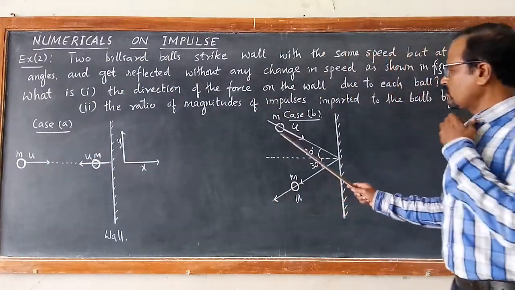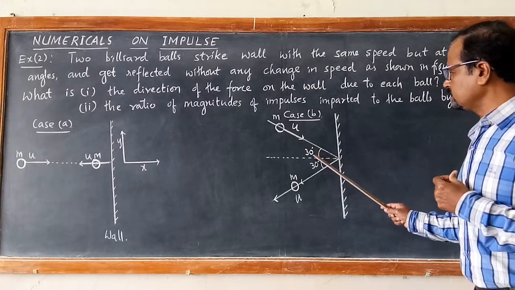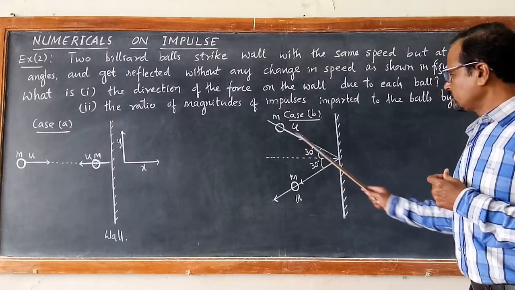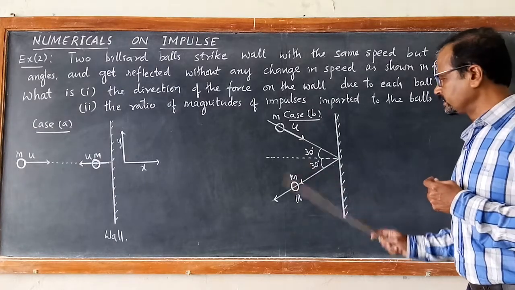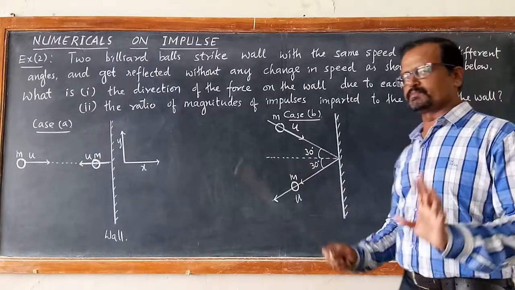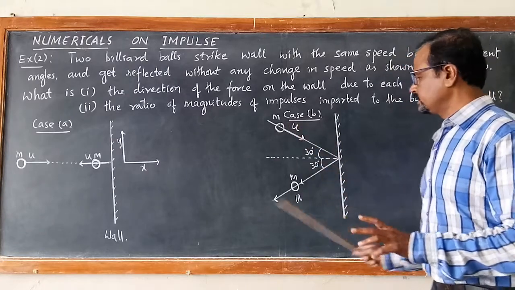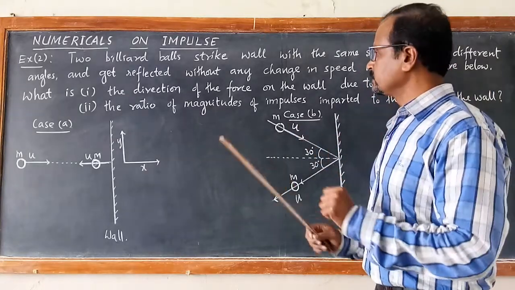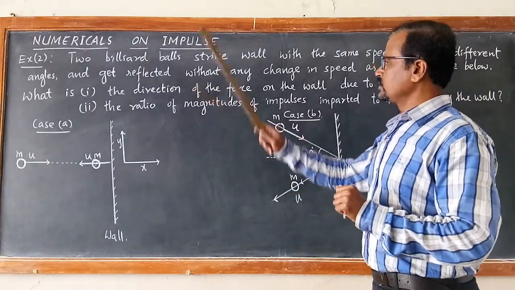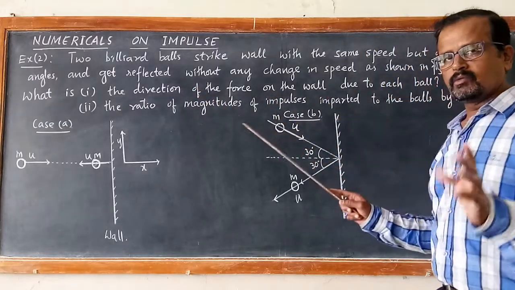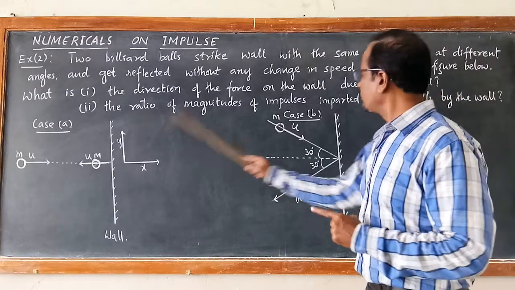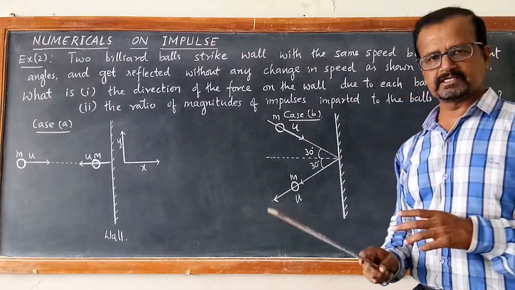Here also, when the ball hits the wall at a certain angle of 30 degrees, after reflection at the same angle of 30 degrees, the ball moves with the same speed. With what speed it hits, it gets reflected with the same speed. That is the meaning. The question is, what is the direction of force on the ball in both cases?